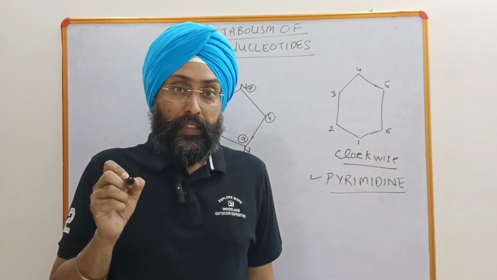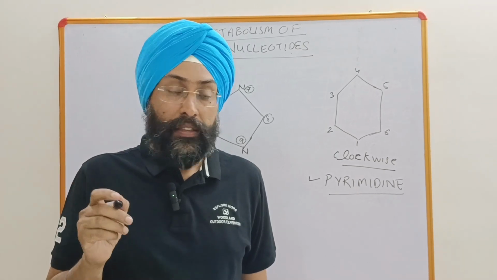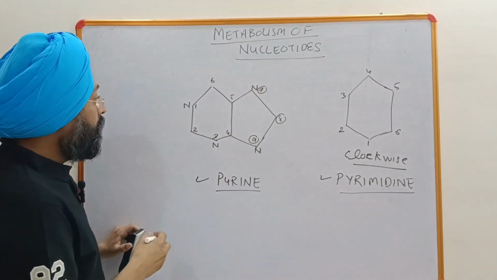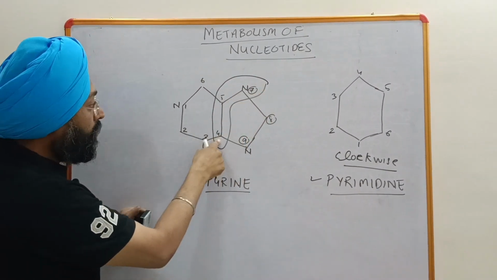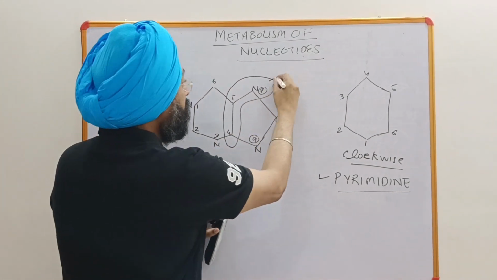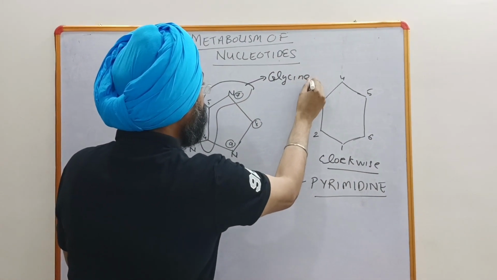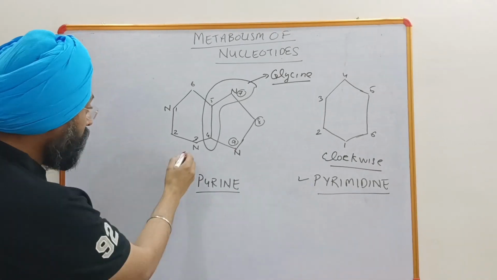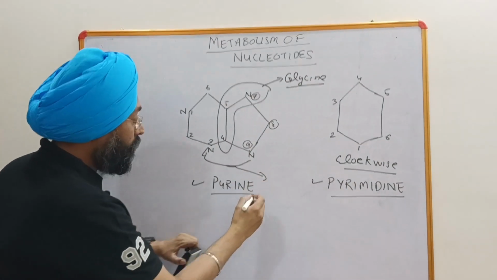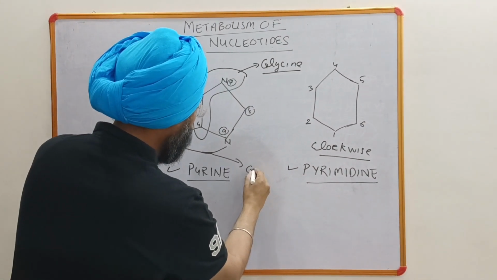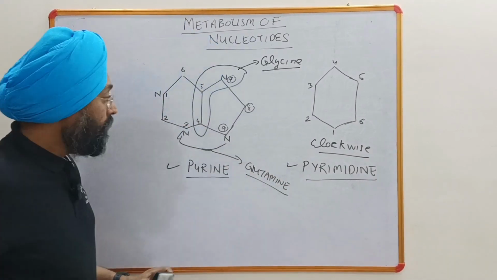Now we will start with the sources of carbon atoms and nitrogen atoms, right? So first of all, C4, C5 and N7 are derived from glycine, right? And N3 and N9 are derived from glutamine, right?